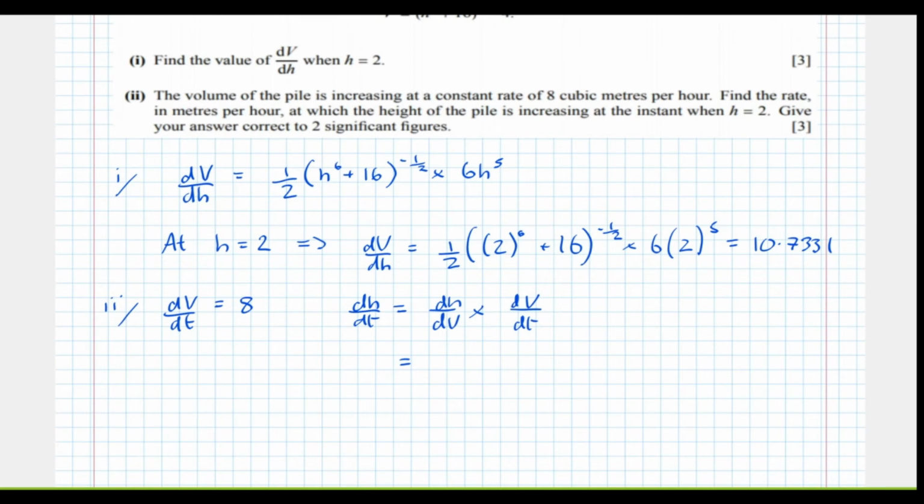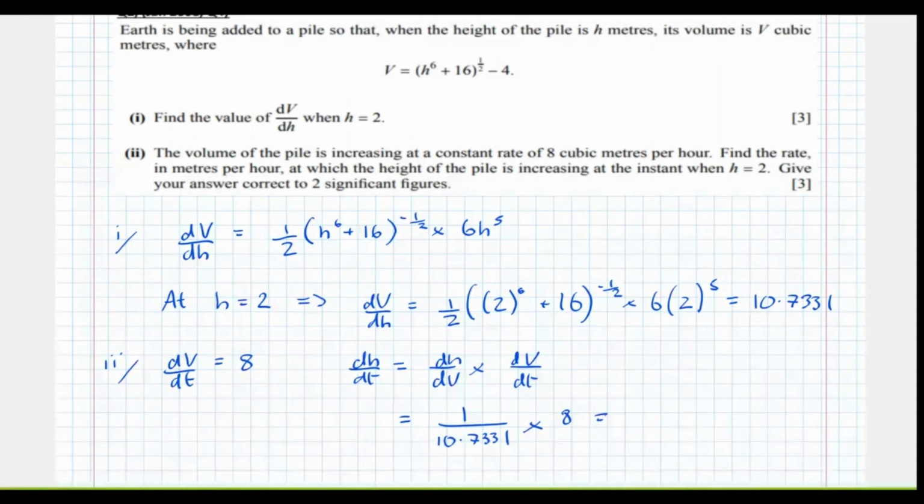So dh by dV, well, we've got dV by dh, so dh by dV is just the reciprocal of that, 1 over 10.7331, times dV by dt, which we worked out to be 8, equals, and I've just noticed I forgot to put the unit in my previous answer.